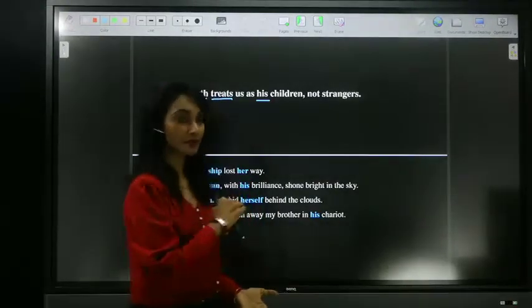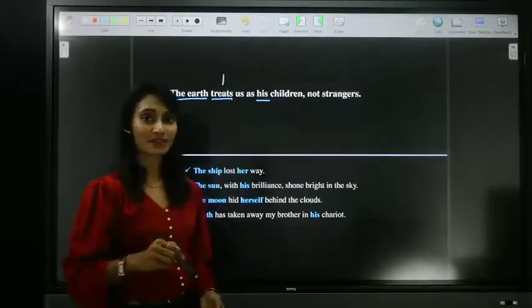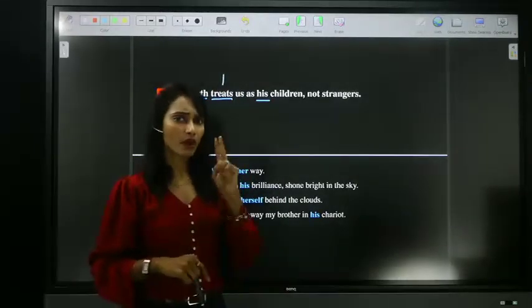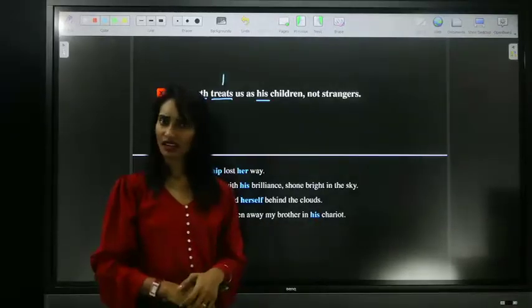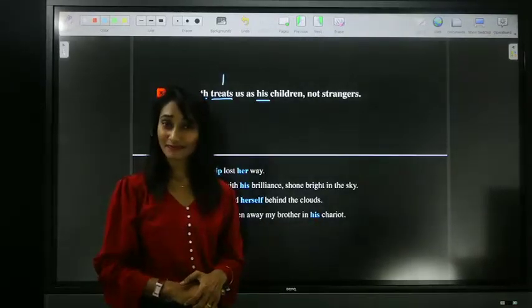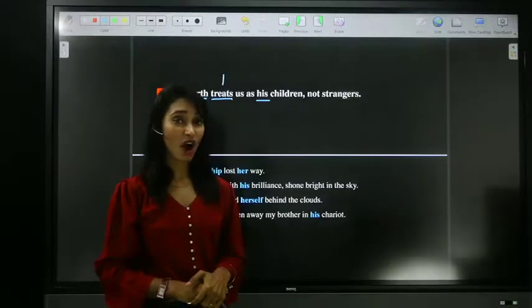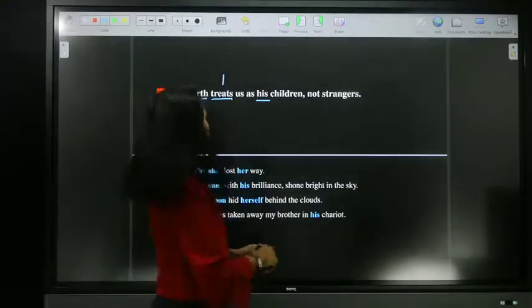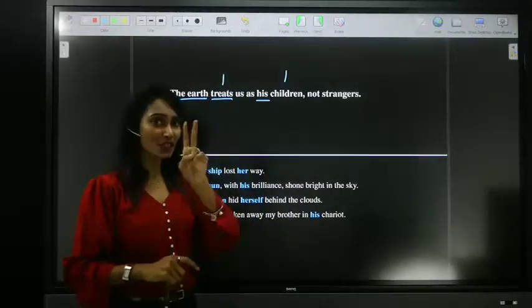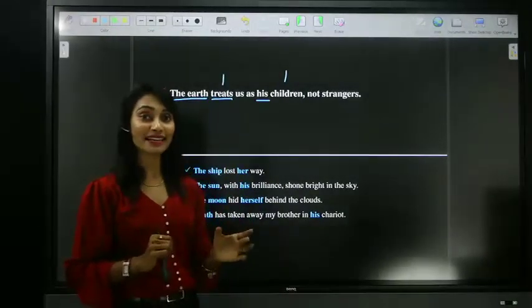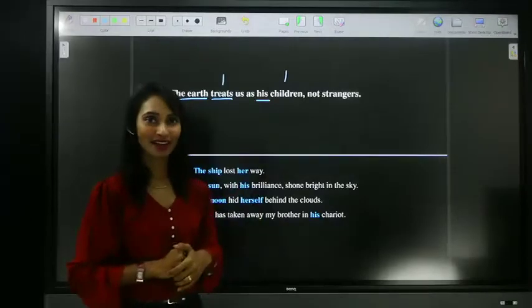Point number one. Here it is treating means it got life. Point number two. Can non-living beings have children? Can they have offsprings? No. But here we are saying children. With these 2 points, we can say it is personified, right?